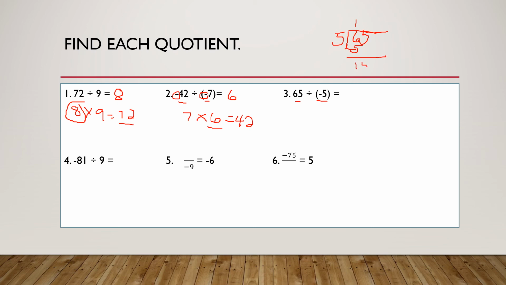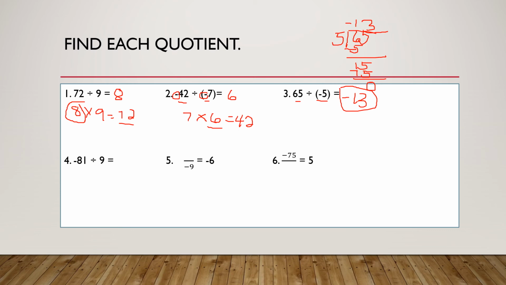Bring down 5. 15 divided by 5 equals 3. 3 times 5 is 15. Then subtract again, 15 minus 15 equals 0. Therefore, our quotient is negative 13. Why? Because we have different signs. Positive divided by negative, the quotient is negative. So we have negative 13 as our quotient.